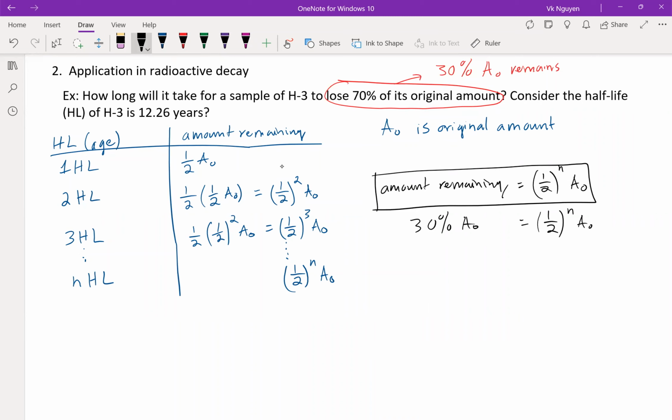From here, we can divide both sides by A sub 0, and we have 30%, which is 0.3, equal to 1/2 to the power n.